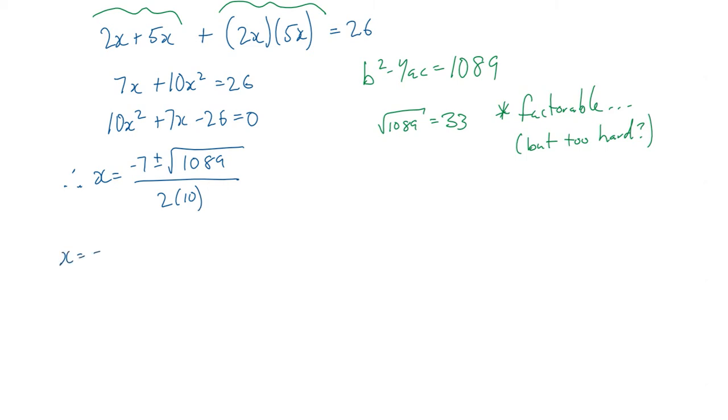So x is negative 7 minus 33 over 20, or x is negative 7 plus 33 over 20. Well, this is negative 40 over 20, which is negative 2. And this is 26 over 20, which is 13 over 10, or 1.3.